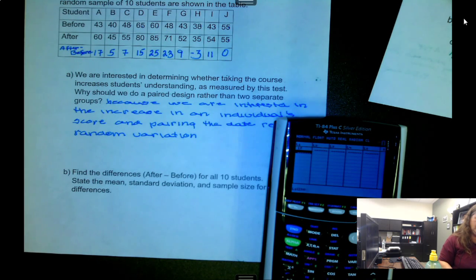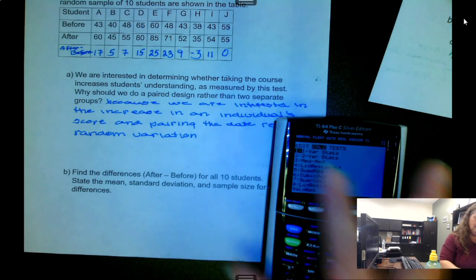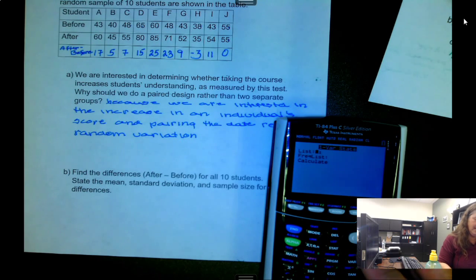So we have 17, 5, 7, 15, 25, 23, 9, negative 3, 11, and 0. And yes, you do need to include the 0 because it is one of the data values. So we go to Stat, Calc, the first option of 1-Var Stats, make sure it's L1.